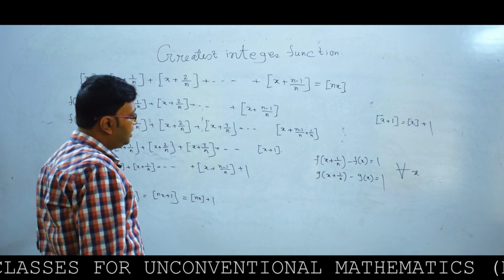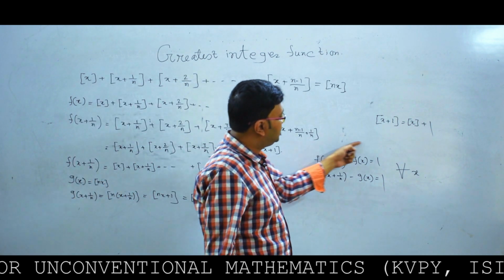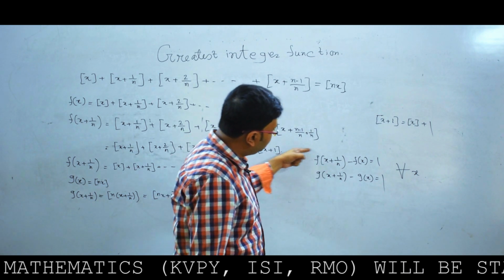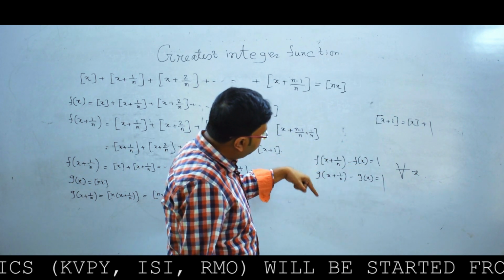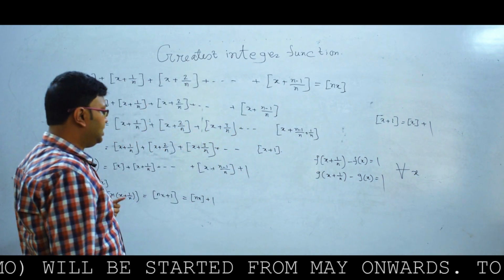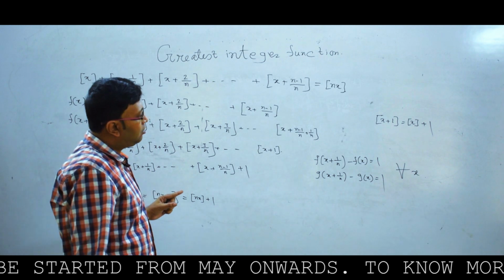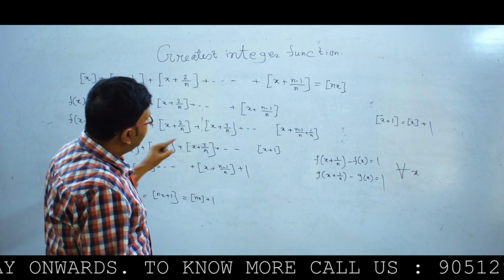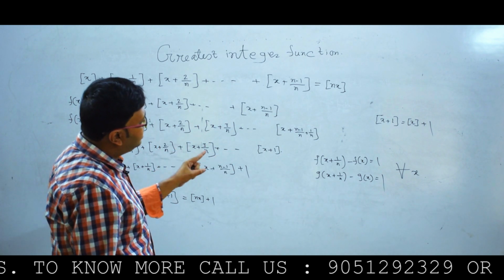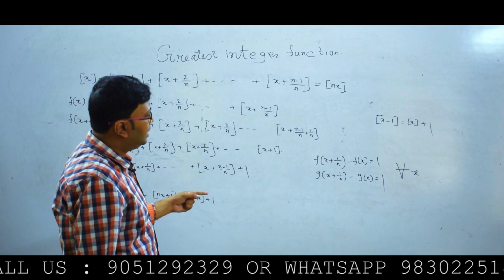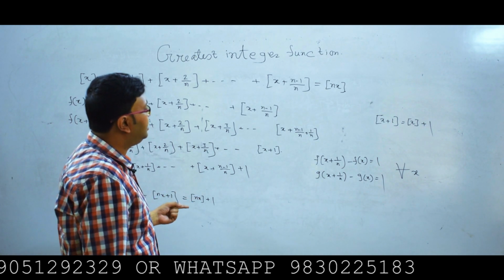So what I have said, under such a condition, when we have the same increment for two functions for the same increment of x, then we will get two cases: either they are parallel or they are identical. Now here f(x) and g(x) intersect at x equal to 0, therefore they are not parallel. So the only option left is that they are identical.